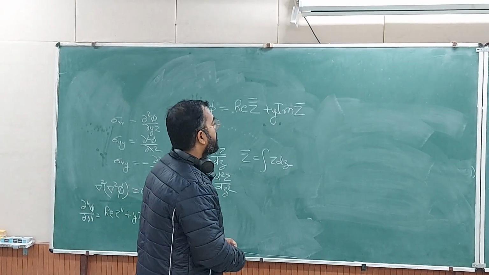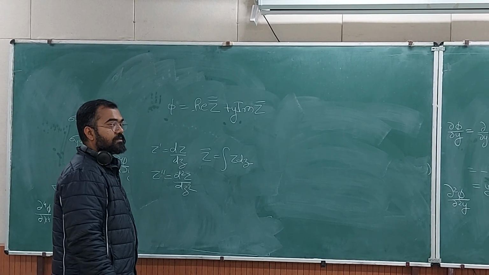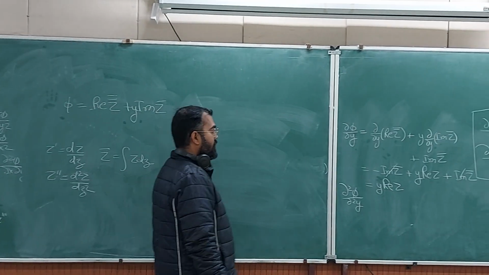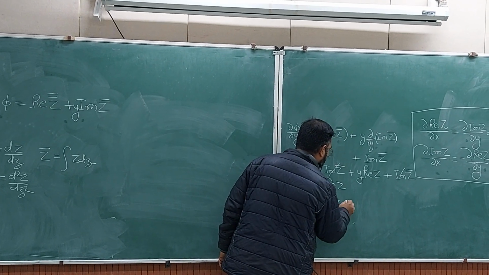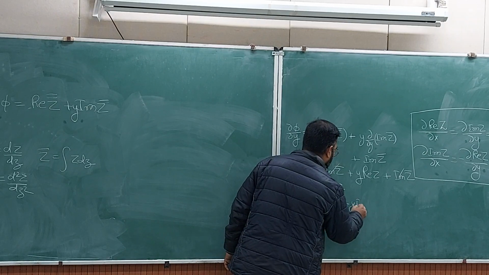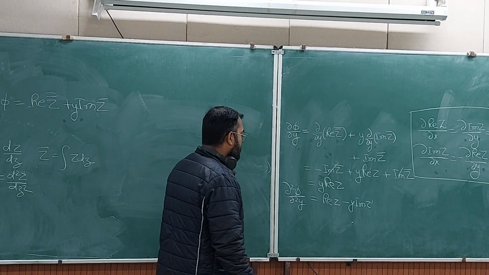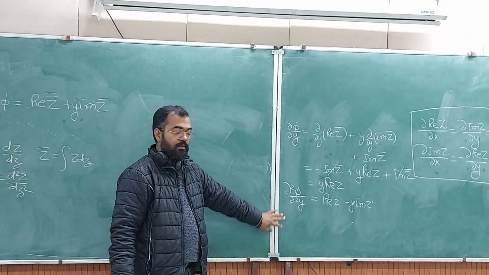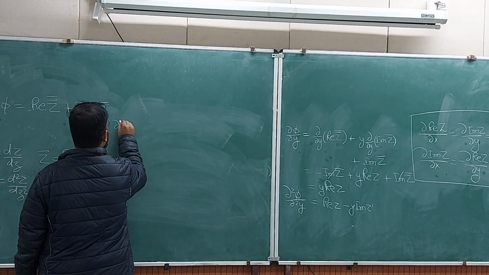So did you get del 2 phi by del square y? What is that? Real part of z minus y imaginary part of z dash. Okay, all of you are getting that? Yes. Okay, so then, have you found out the third derivative also?